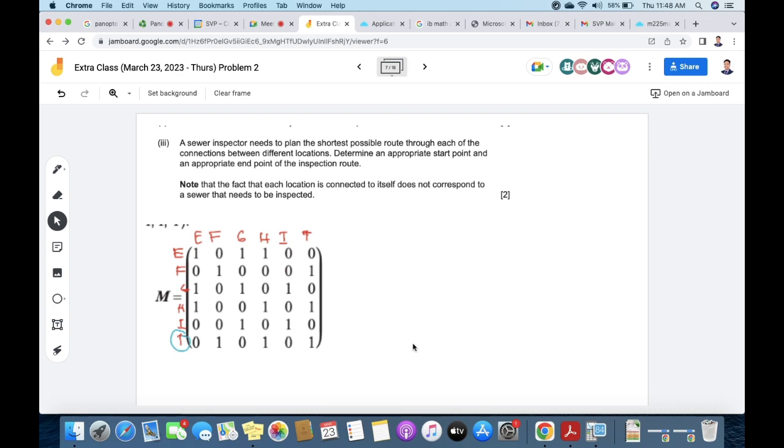Okay? So here what we can do is list down how many connected routes there are for each location. For example, let's start with E. How many do we have for E? There are two, right? So for E, there are two routes. So this is the location and this is the number of routes. Next, for F. How many direct routes are there for F? 1.